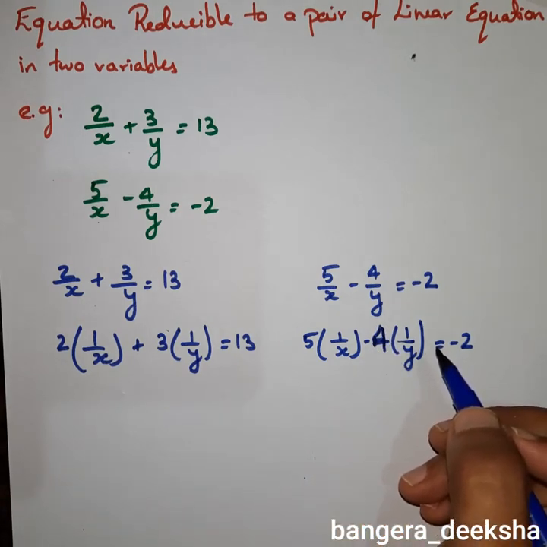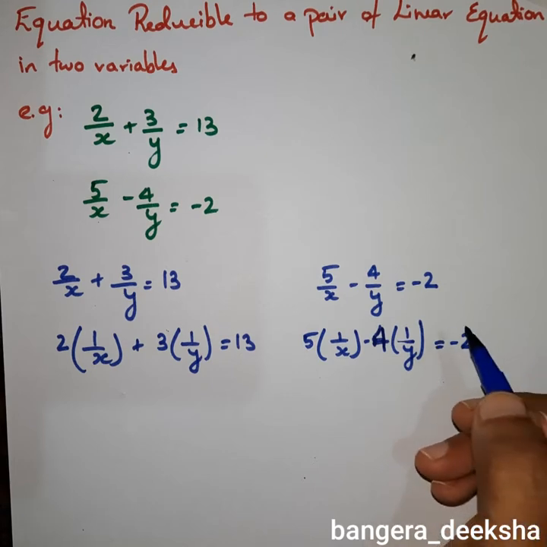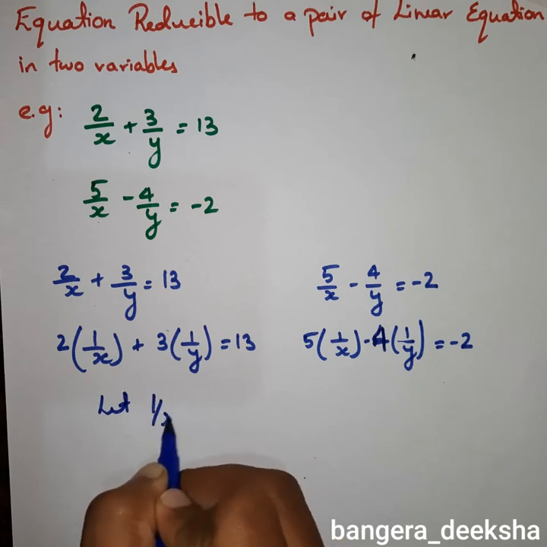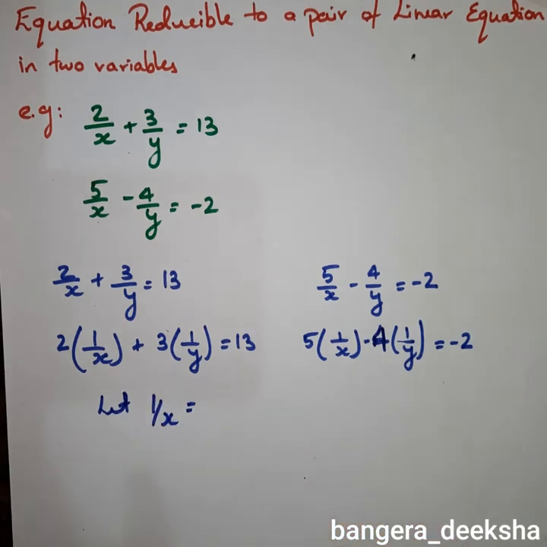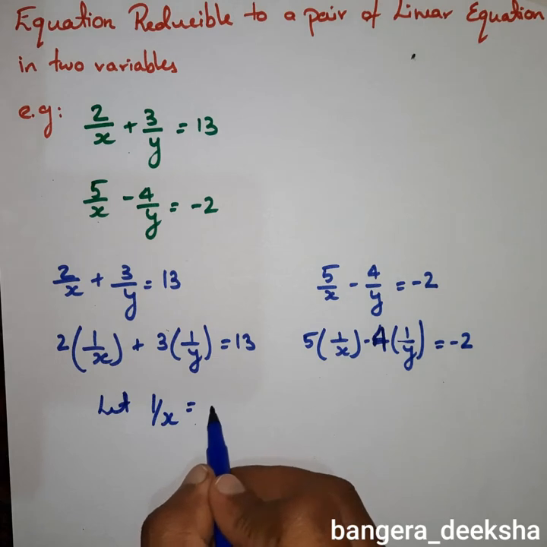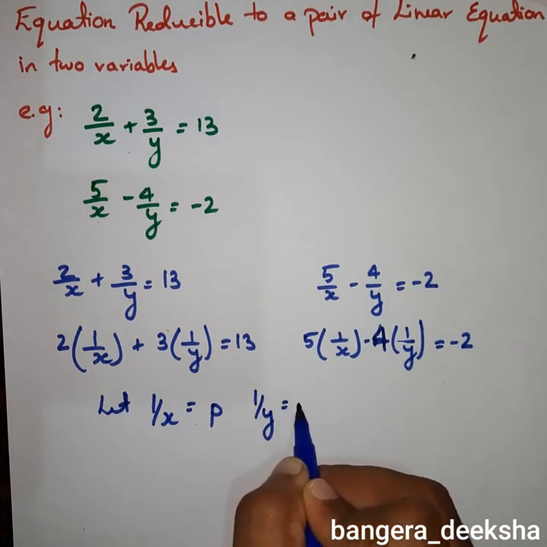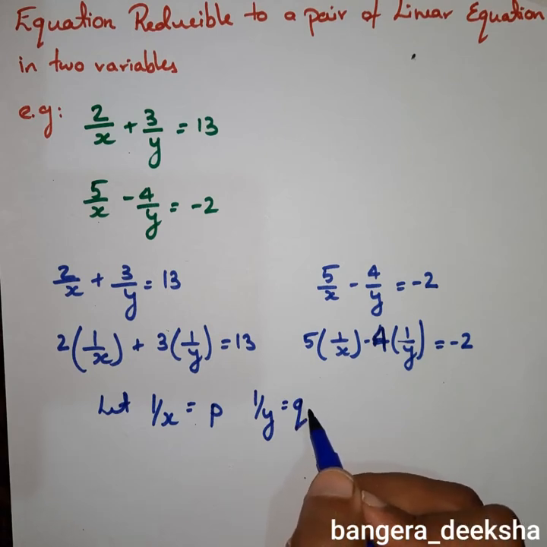Now in order to reduce this into a linear equation, we'll let 1/x be equal to P and 1/y be equal to Q. So we'll rewrite this equation.